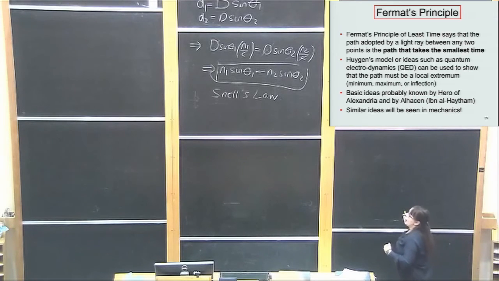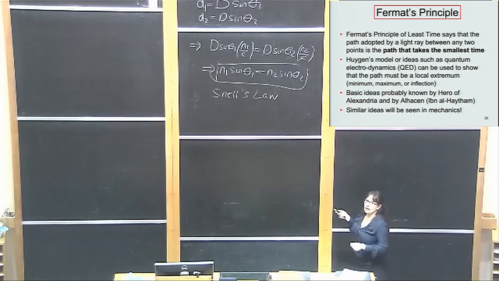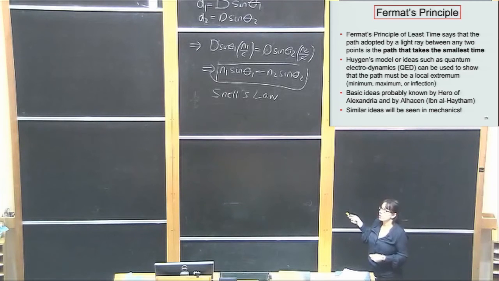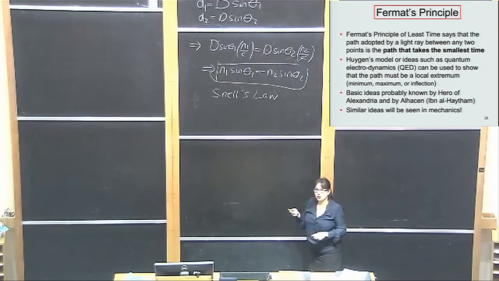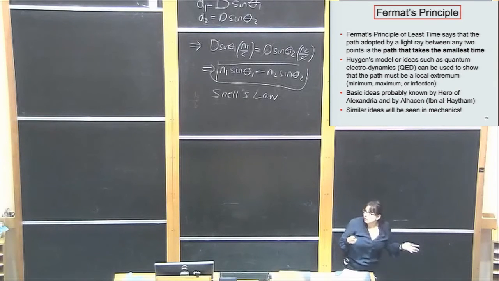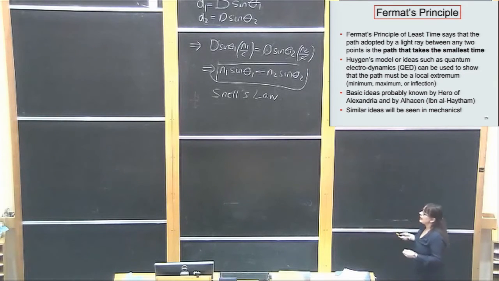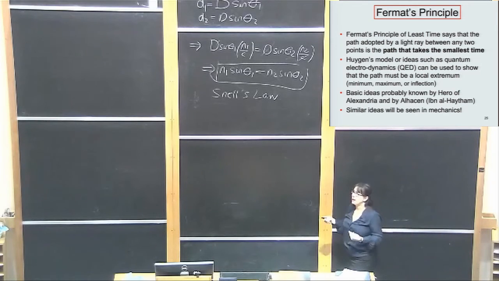time. Now we actually do understand why this is the case in the context of quantum mechanics. As far as I know, Fermat himself did not have a physical model. He may have had a philosophical model for why this might be the case, but I don't think he had any physical model. Now we do understand it in the context of quantum electrodynamics, and maybe if you take the right options later on, you'll learn a bit about it.